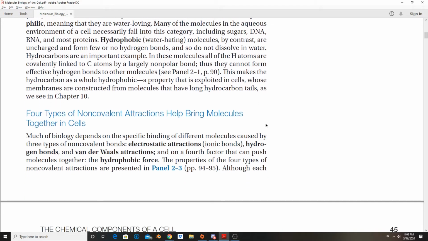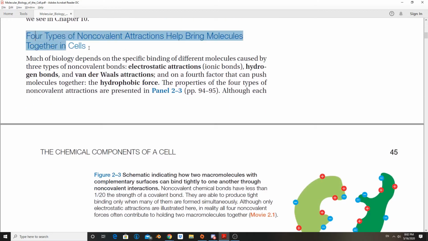More on that later. So there are four major types of non-covalent attractions, including hydrogen bonds, that help bring molecules together in cells. So these four are the electrostatic attractions, also known as ionic bonds, hydrogen bonds, van der Waals attraction, and hydrophobic force. Now, hydrophobic force isn't really a force.